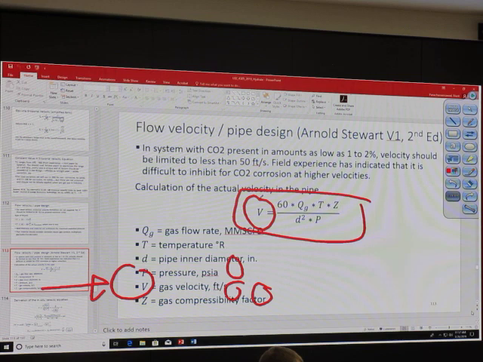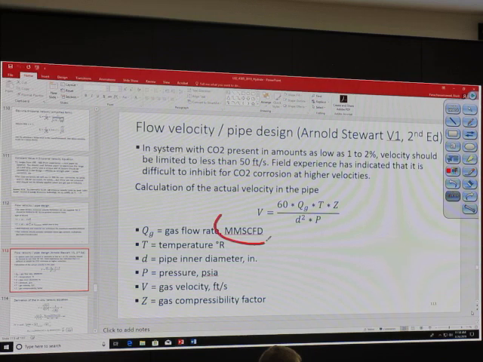But I need velocity because I need to do rho V D over mu to get the Reynolds number. The question statement doesn't give me velocity. It just tells me MMSCFD, the temperature, and the pressure. The diameter and compressibility factor it may even tell you, to make everything easy, say a compressibility factor of 0.92 or something. Then you get that velocity.